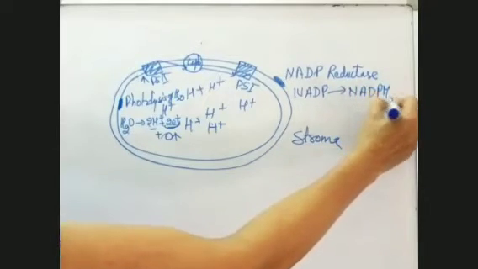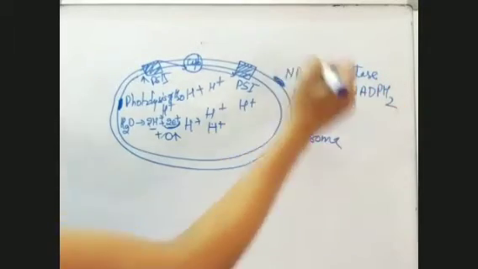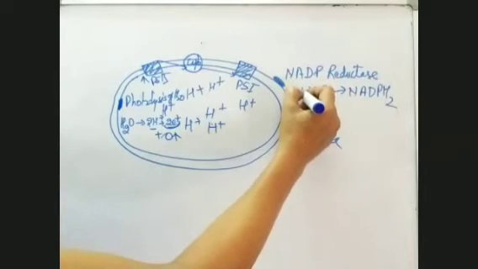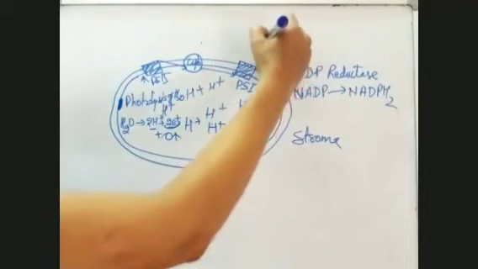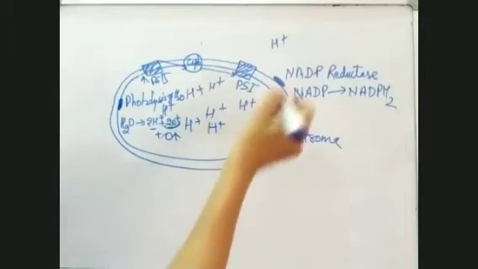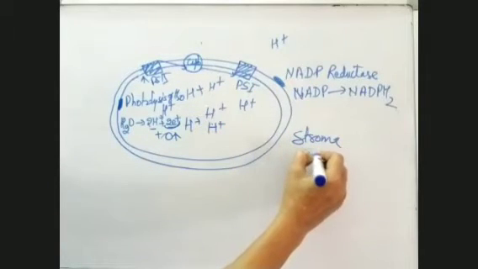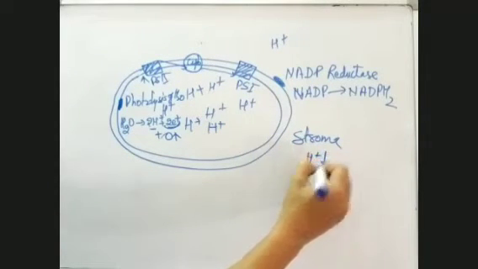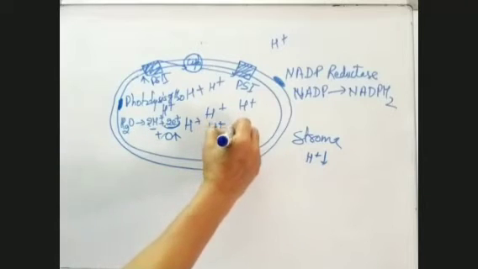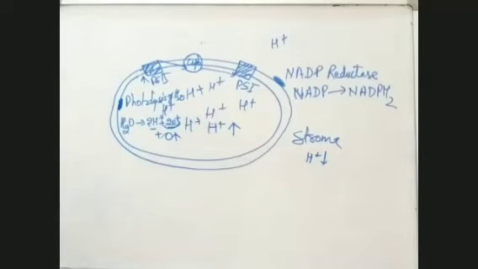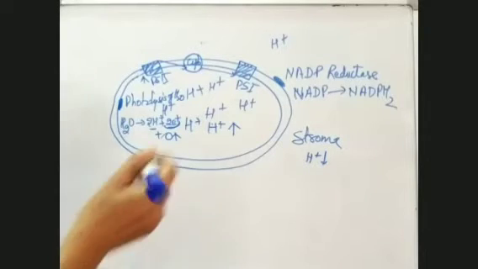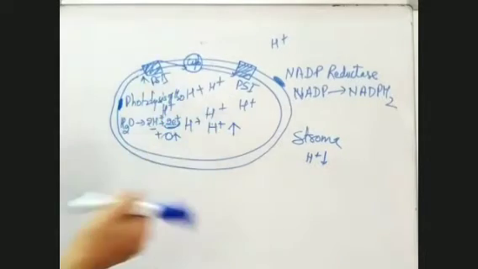The protons required for this reduction come from the stroma. So the number of hydrogen ions or protons in the stroma will decrease. At the same time, there is an increase in protons inside the lumen, and because of this the concentration of hydrogen increases inside.